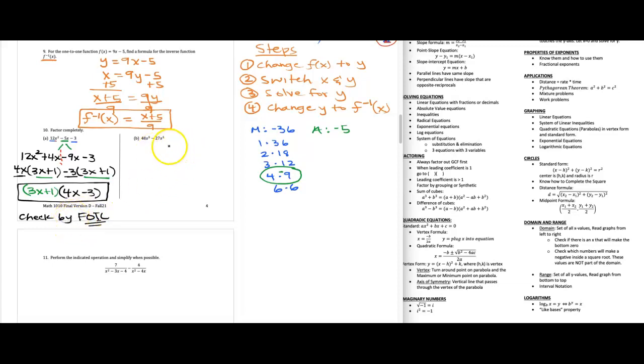All right, and so on this other factor problem, we can see we've got some exponents here and stuff, but it looks to me like there might be a GCF that can come out of this. So let's just look at the number part first. What is the biggest number you can see that could divide into both 48 and into 27?